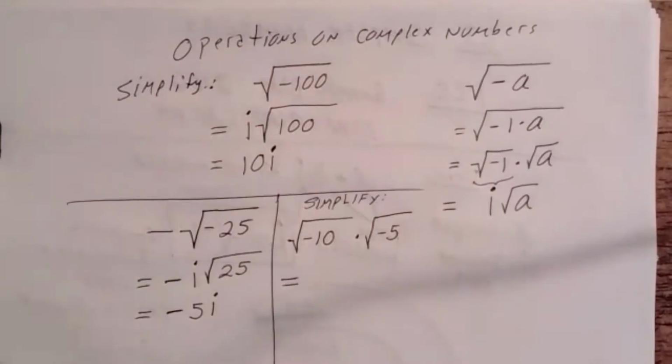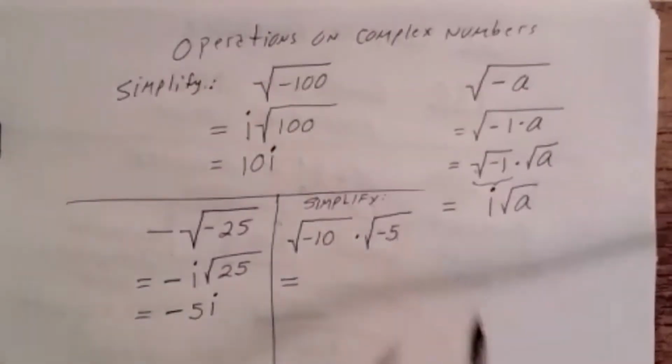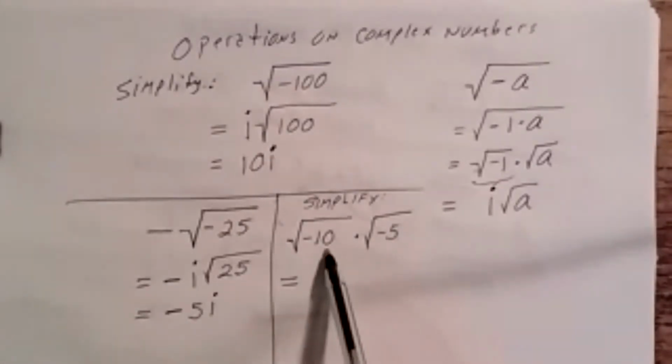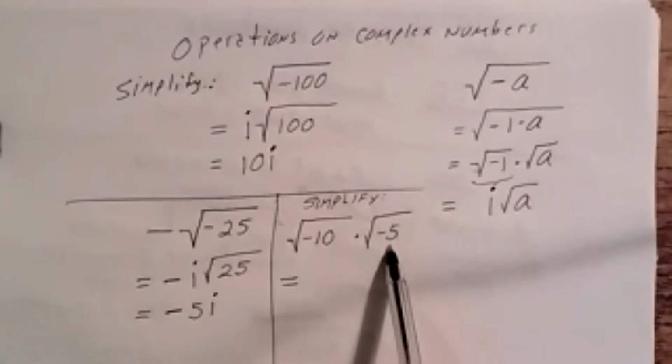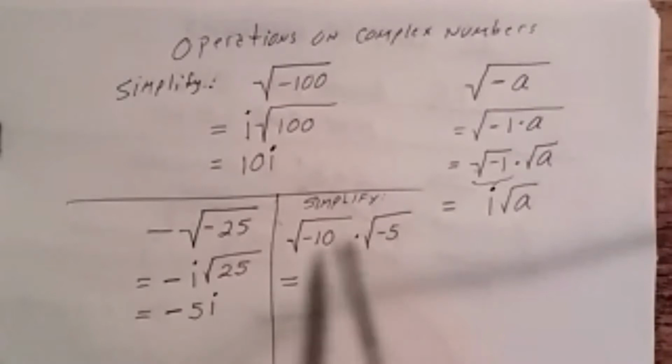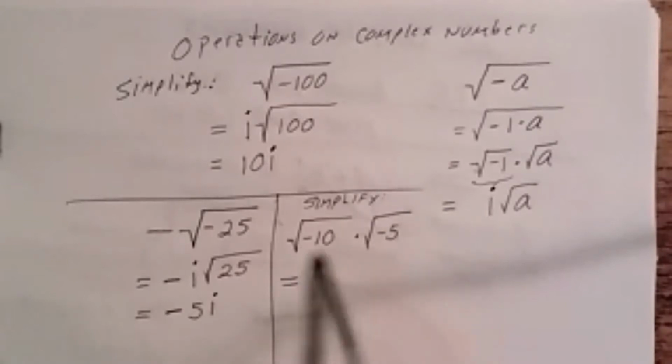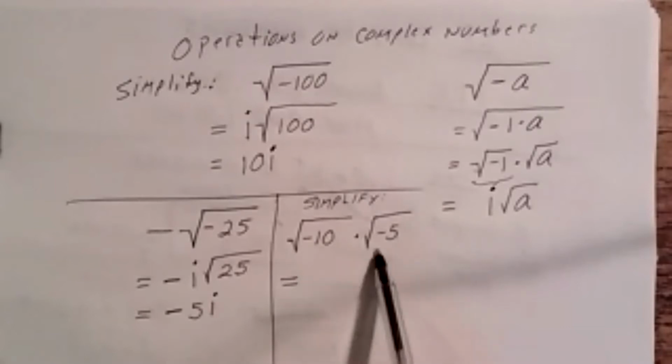Well, we've got to be careful here. Before you actually multiply, you cannot apply the product rule and say this is the square root of -10 times the square root of -5, which is the square root of 50. That's no good. The reason why we cannot use the product rule is because the product rule applies to real numbers. These are not real numbers. These are imaginary numbers.